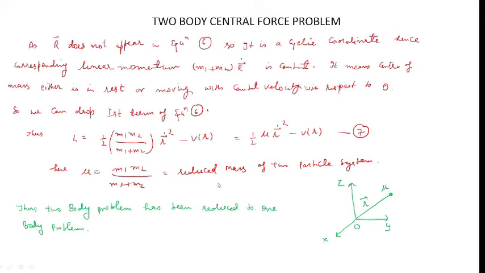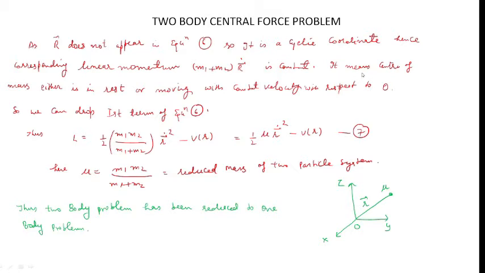Now if you see equation number 6, vector capital R is not present, so it is a cyclic coordinate. If it is a cyclic coordinate, then you know that the corresponding linear momentum will be a constant.